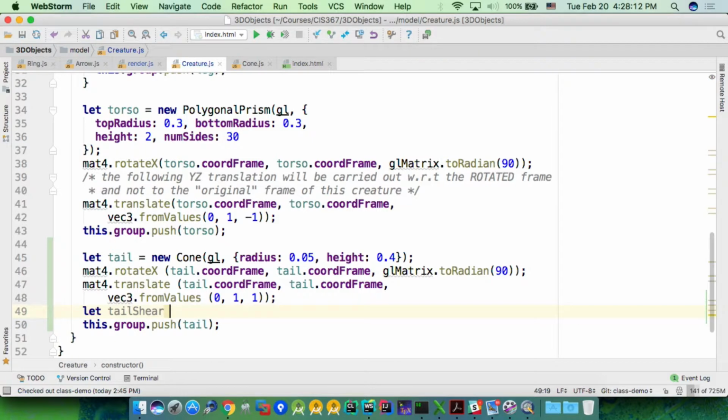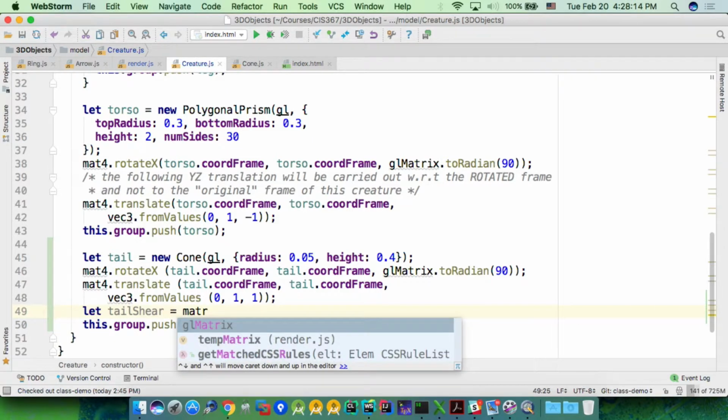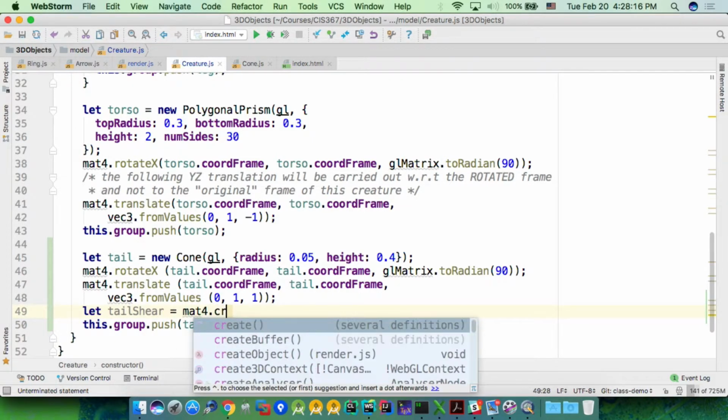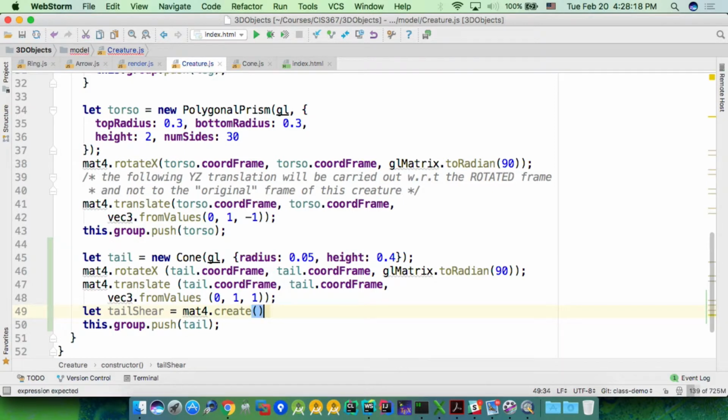Okay, I start with an identity matrix, mat4.create. So this will create an identity matrix. So what is an identity matrix? An identity matrix is a matrix whose diagonals are all 1, right? Because that's what we need. So we need to start with an identity matrix.